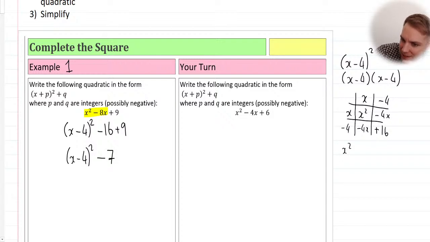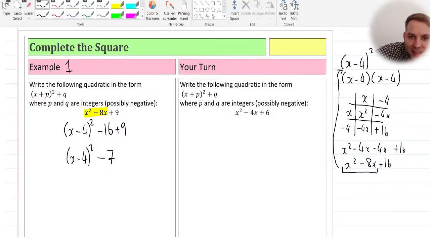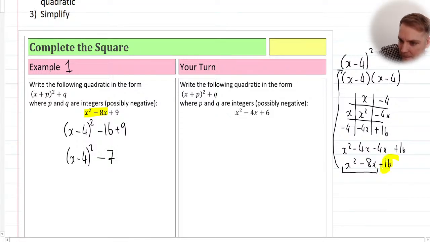So I end up with x squared minus 4x minus 4x plus 16, which is equal to x squared minus 8x plus 16. So what we've done is write x squared minus 8x in this format, but notice this here is the same as this. However, the extra part that we've got at the end is the 16. So we've actually got an extra 16. That's why we subtract it, because we're getting rid of that 16.